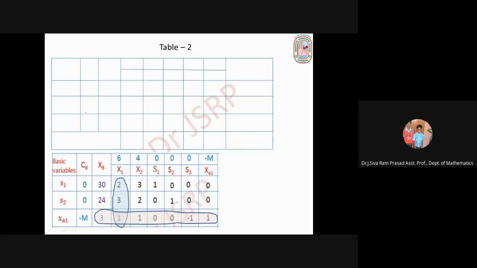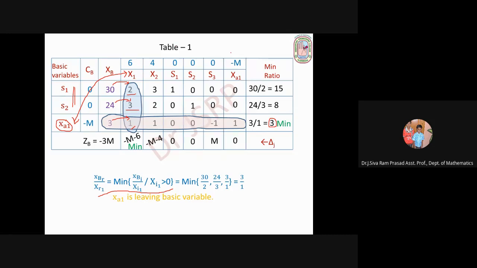Similar structure, but remember here we have an artificial variable. What is our aim in this procedure? Our aim is that in the final solution, each artificial variable must be 0. When the artificial variable becomes 0, it does not appear in the final solution.